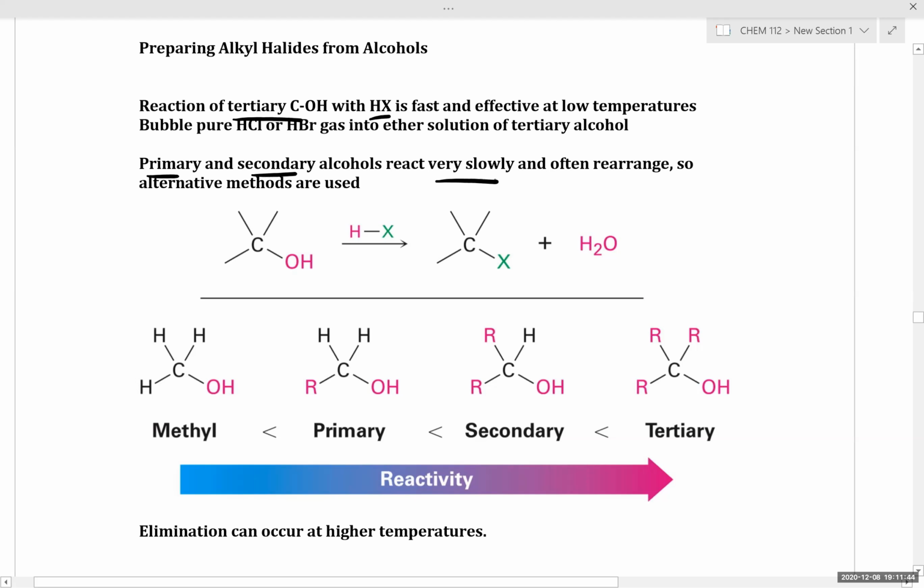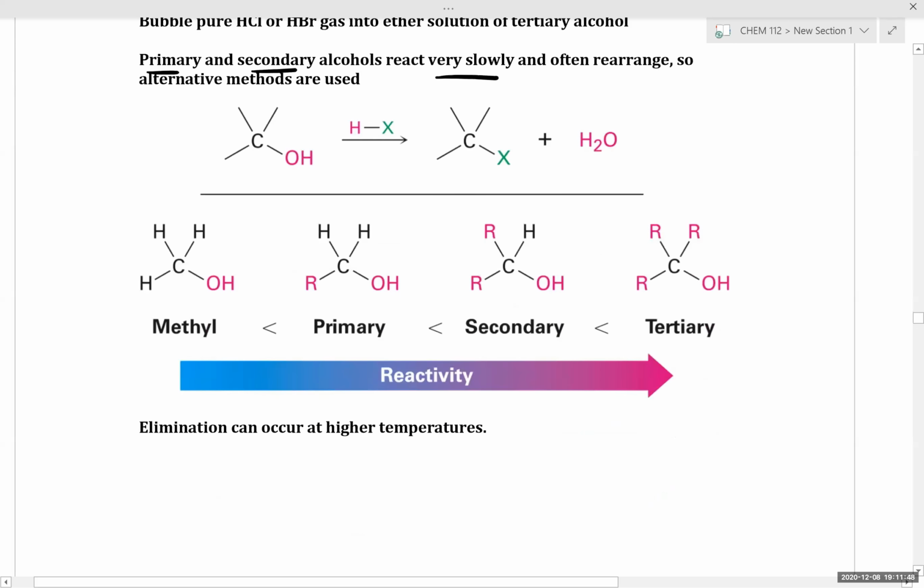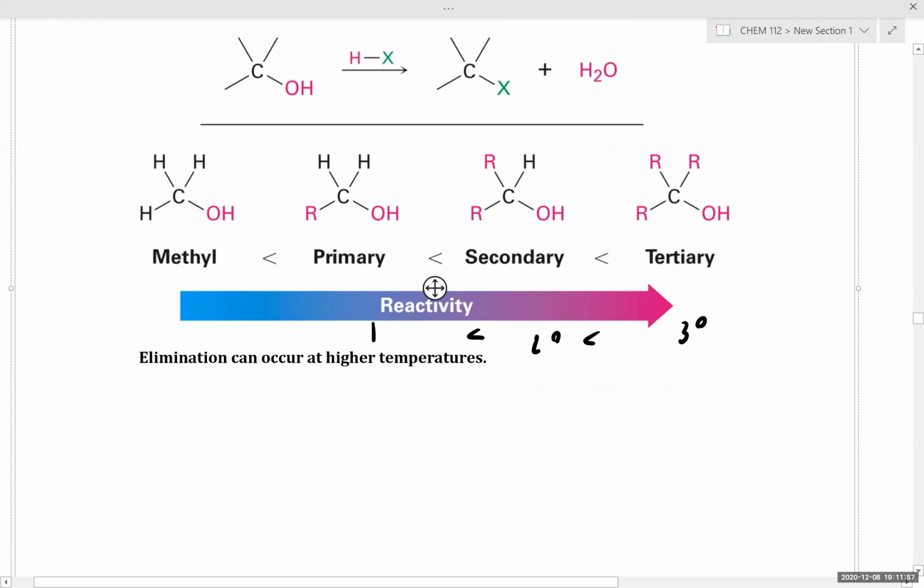This is a typical SN1 reaction. And as we see, the tertiary substrates react the fastest, followed by the secondary, followed by the primary and the methyl. One thing to note, and this is a good segue into our next topic, elimination can occur at higher temperatures. So let's delve and expand in on that idea, as it's pretty interesting to consider.